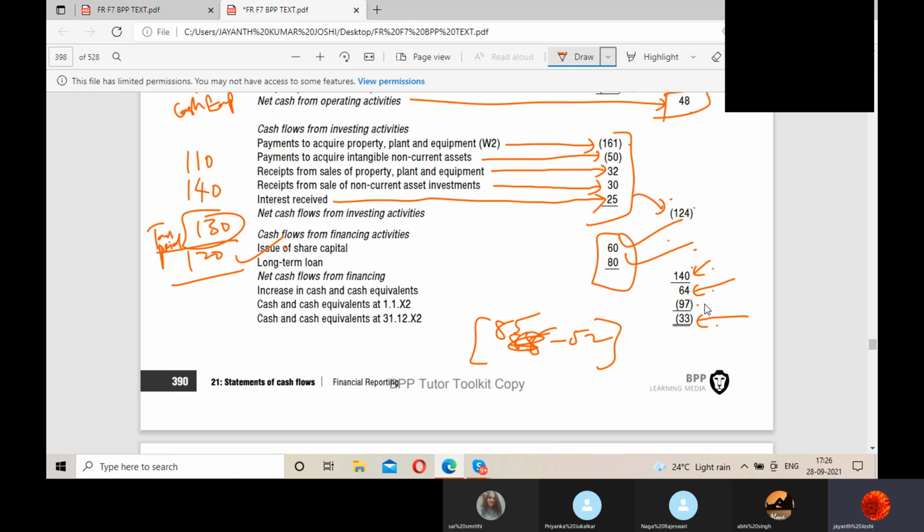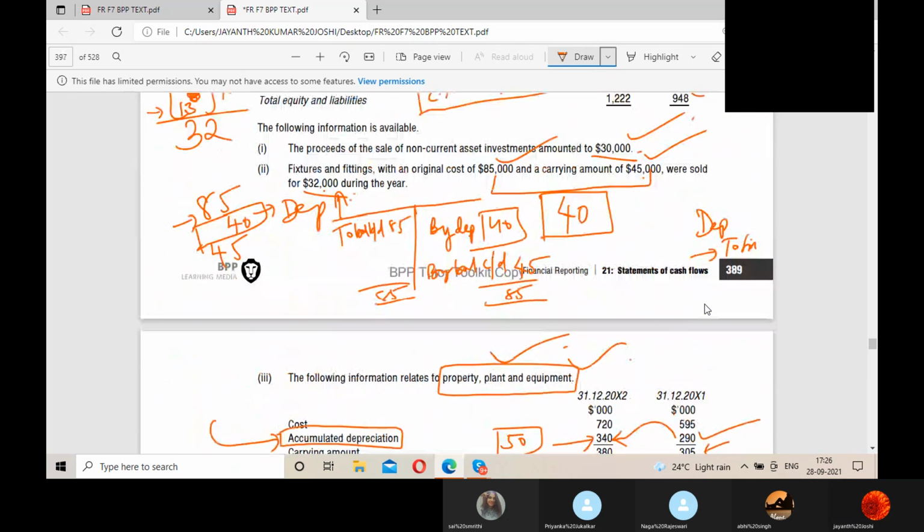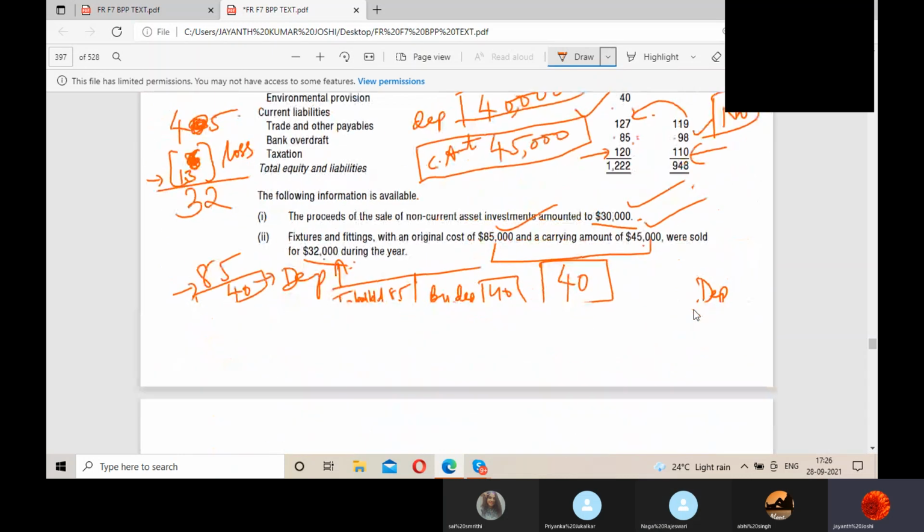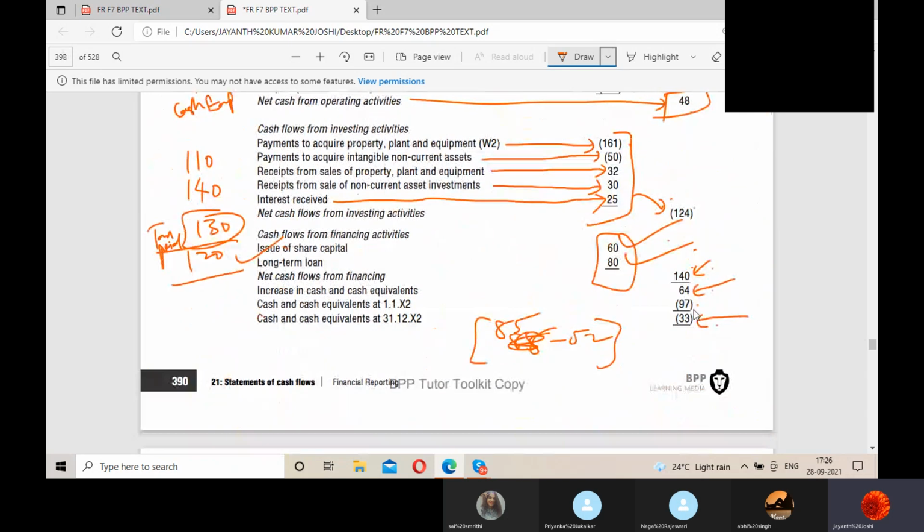And then this one: you had this much in the previous year and this much overdraft. So the net balance is again 97 payable, negative balance. After adjusting 48, 124 and 140, you got 64. 64 and 97, when you adjust, you get 33, the closing balance. And hence your cash flow statement is correct.